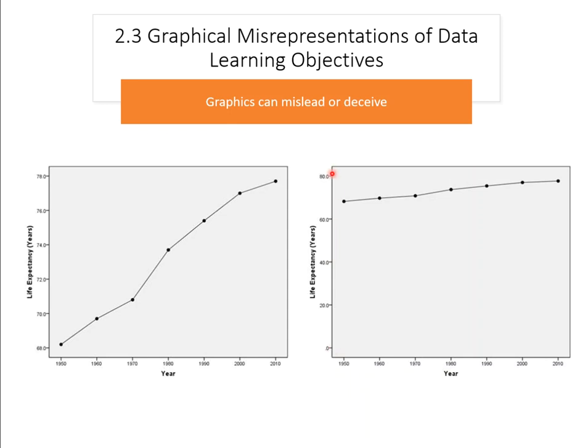Because of that, notice what happened to the graph. Although we do have an increase in life expectancy, it's not nearly as dramatic as what the previous graph was trying to show. Yes, there is an increase, but not like the one we're seeing on the left-hand side.